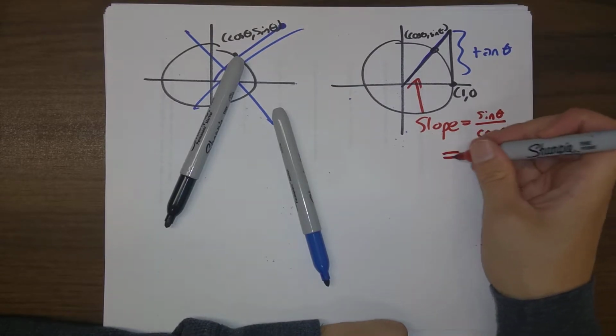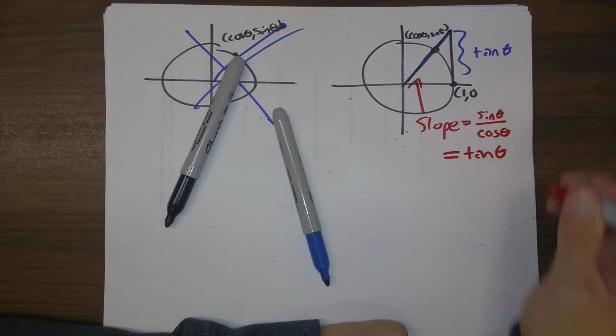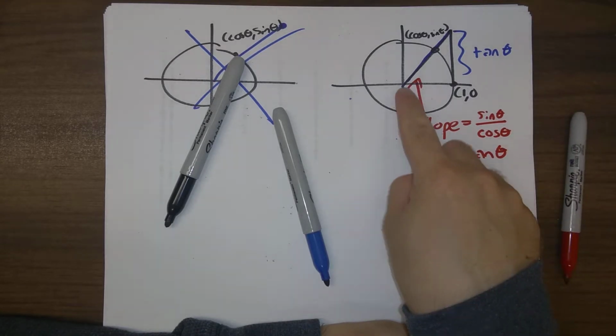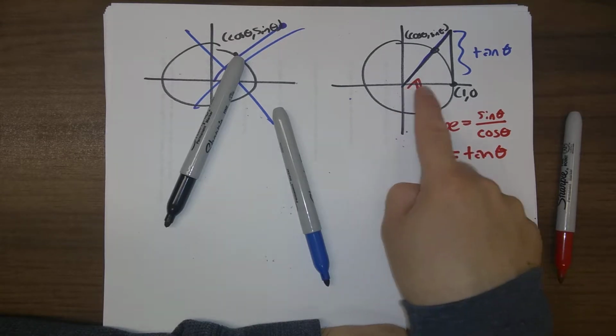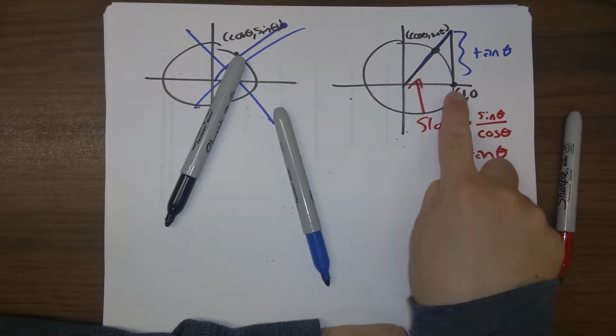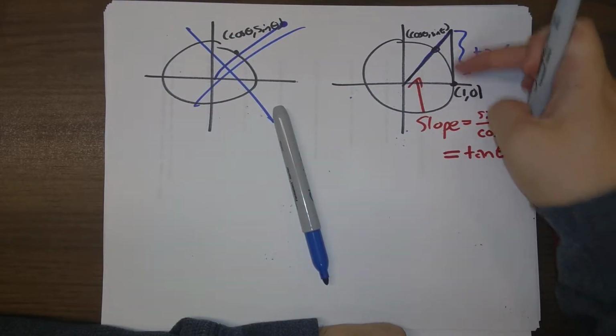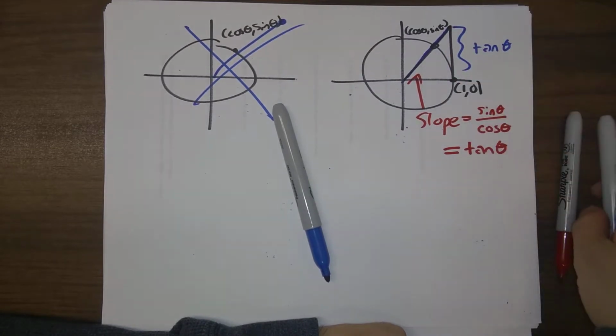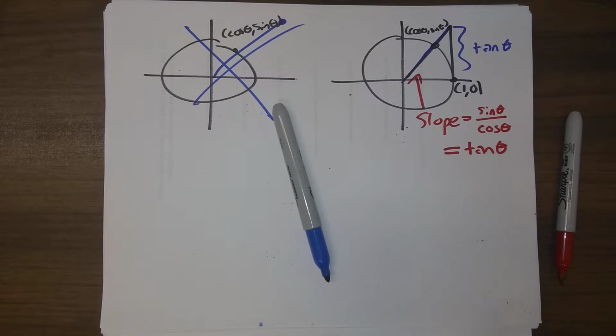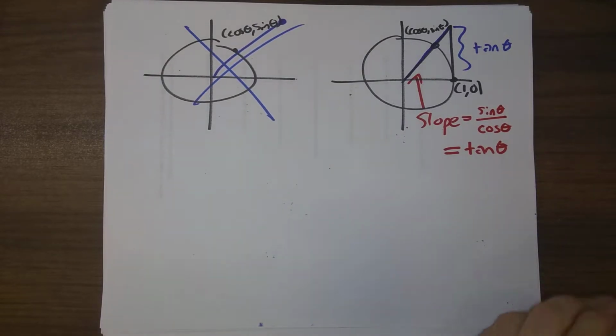Oh, look, the slope of that line is exactly tangent theta. And here we have a triangle where slope is rise over run. So the run is 1, and the rise is, well, going to have to be tangent theta. So that's how we can argue that. That's the glossed over detail from the previous video where that height is tangent theta.